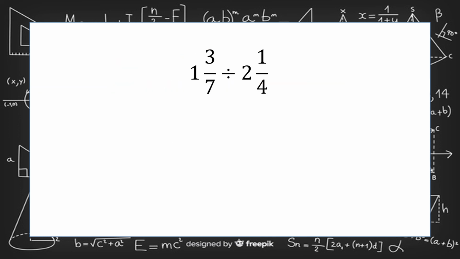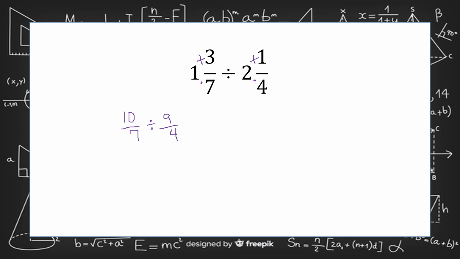1 3/7 divided by 2 1/4. So I need to change both of these into improper fractions. So the first one, 7 times 1 is 7, plus 3 is 10. Four times 2 is 8, plus 1 is 9.